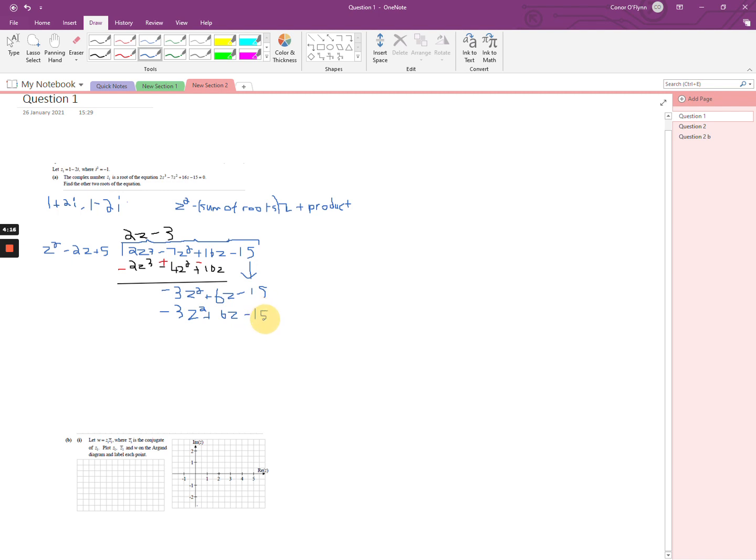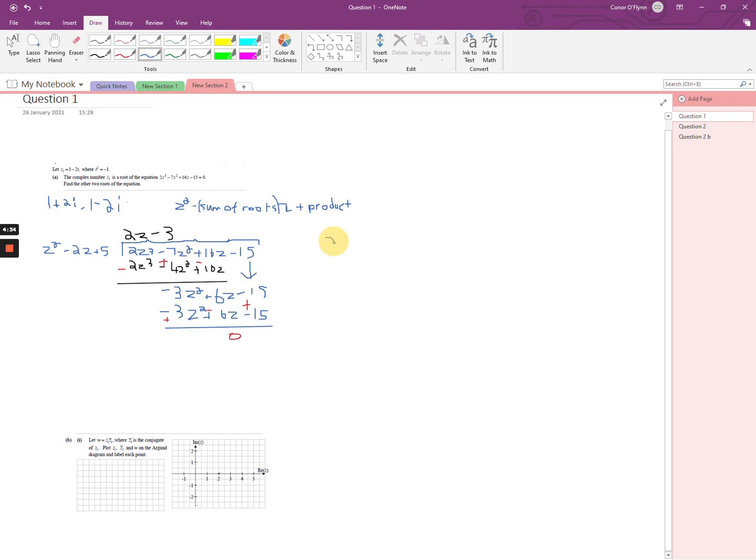Again, I subtract, so I change the signs, and all that becomes a plus, minus, and a plus. So they all cancel out to 0. So I've divided it right.